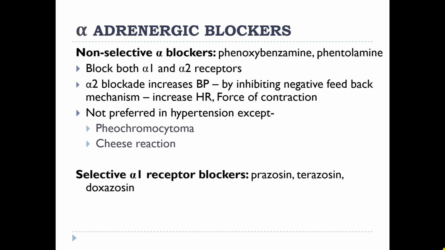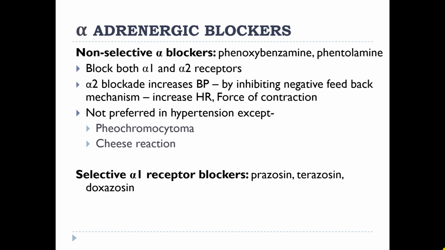In management of hypertension, what we routinely use are alpha 1 selective blockers, which include prazosin, terazosin, doxazosin, etc. To remember, non-selective alpha blockers are useful only for pheochromocytoma or the cheese reaction, because blockage of alpha 2 receptor itself will increase the blood pressure.